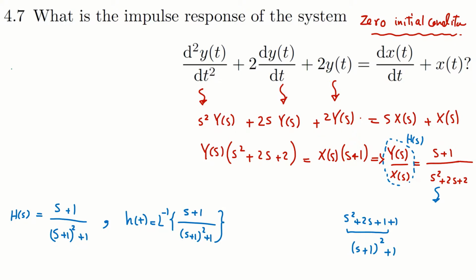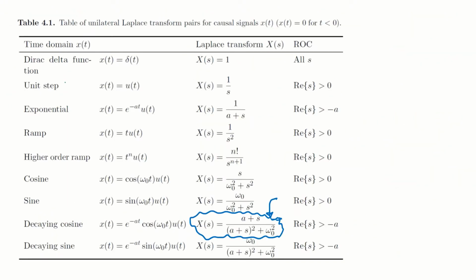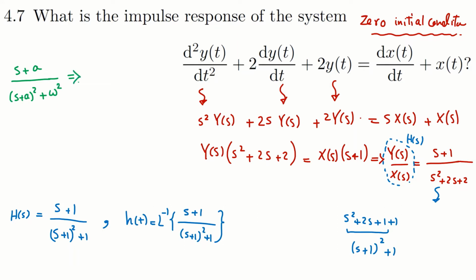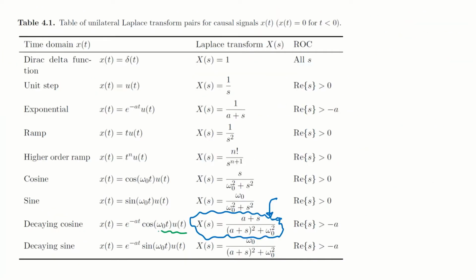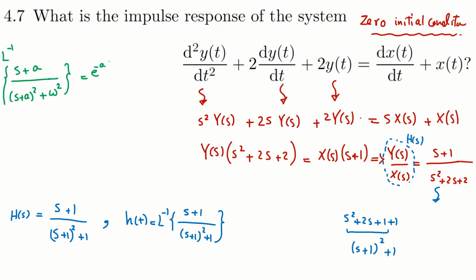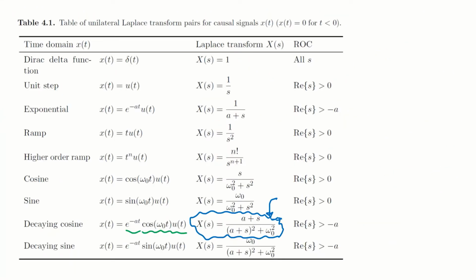It says if we have s plus a over s plus a squared plus omega squared, the inverse Laplace transform of this equals e to the power of minus a t times cosine of omega 0 t times u of t.